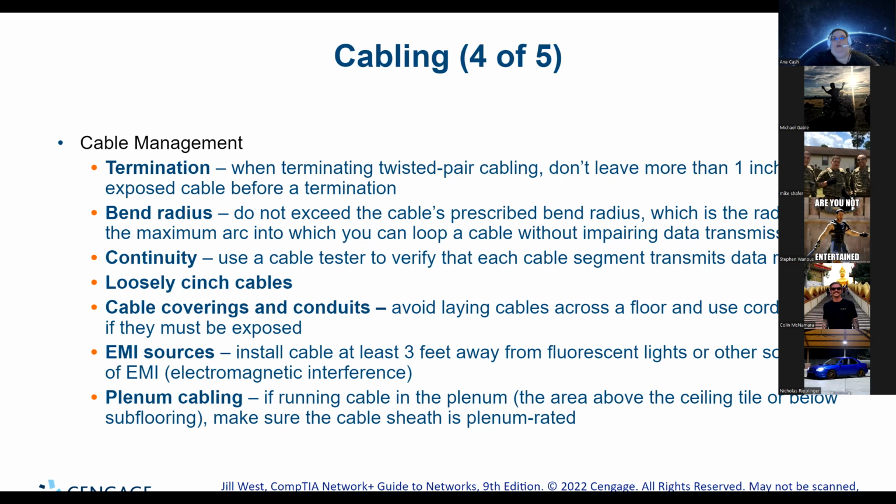Magnetic interference can come from the overhead fluorescent lights, and you can get little testers that really aren't that hard to use to tell if you're getting EMI from anything. And depending on the installation, there are even shielded network cables that you can use if it's really bad. It looks almost like tin foil wrapped around the wires, and that's so you don't get any bleed from other sources that can cause problems with your signal.